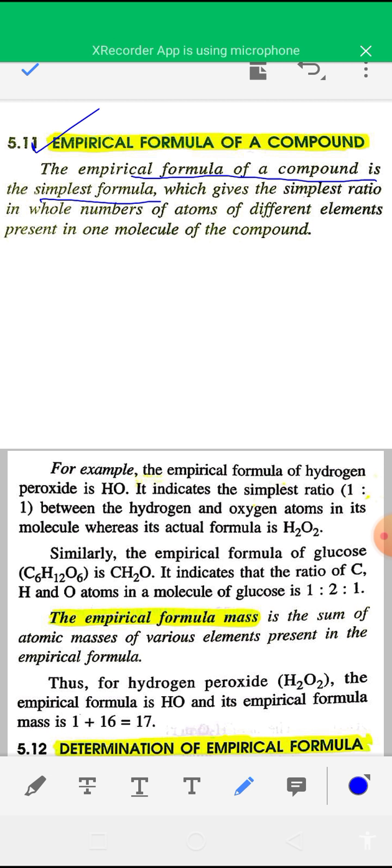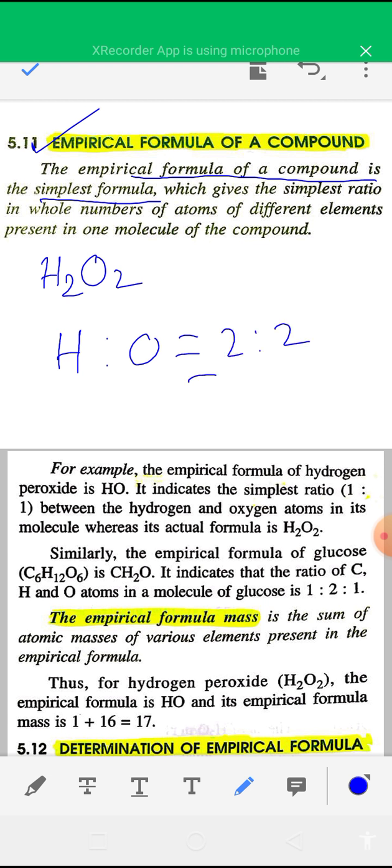For example, the formula of hydrogen peroxide is H2O2. In one molecule, the number of hydrogen atoms is 2 and the number of oxygen atoms is also 2. So the ratio of hydrogen and oxygen atoms is 2:2, that is 1:1.